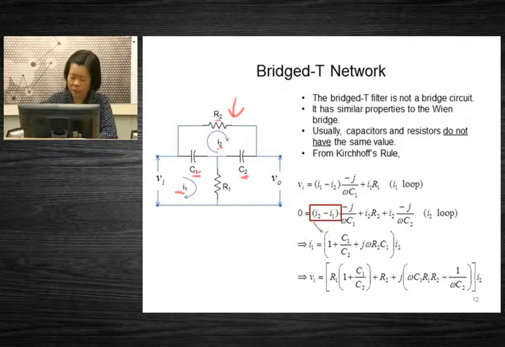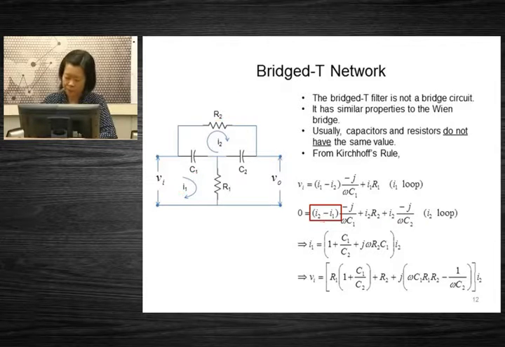So that's why we have I2 minus I1 for the C1 reactance and I2 for the C2 reactance. And from Kirchhoff's sum rule for the voltage, we have this relation. The potential drop at C1 plus the voltage drop at R2 plus the potential drop at C2 should be equal to 0 at the end.